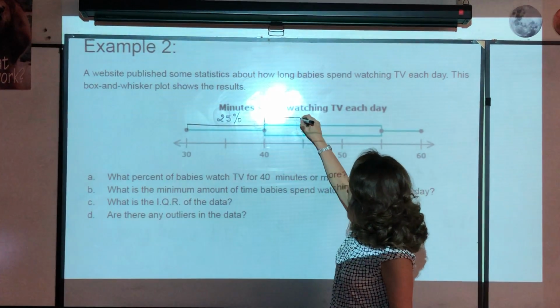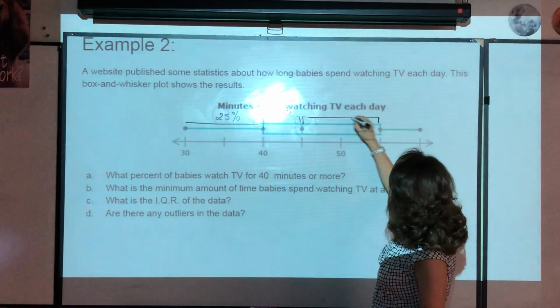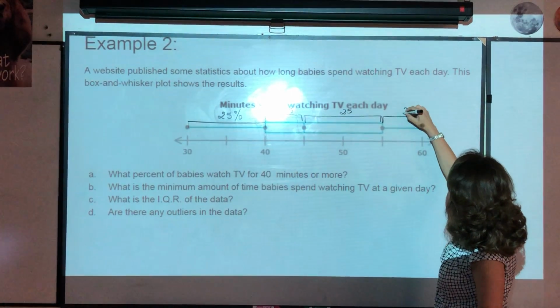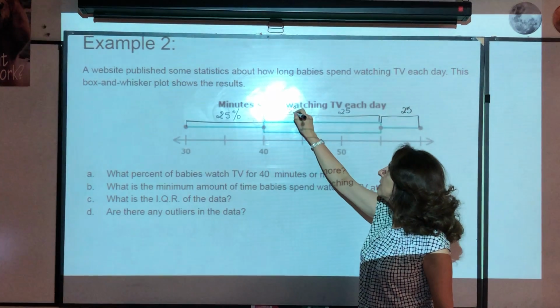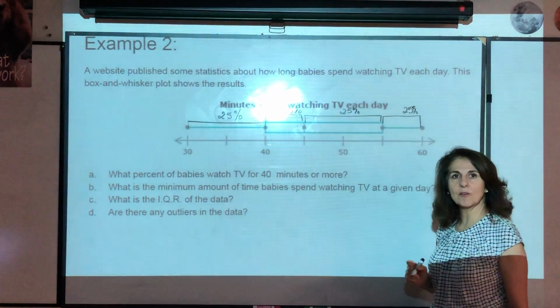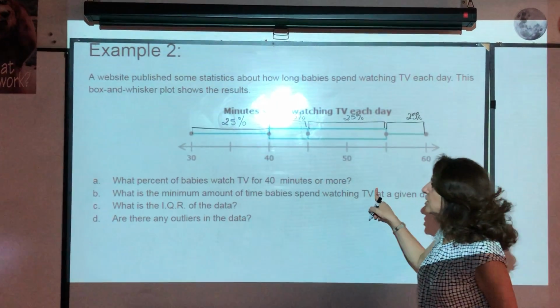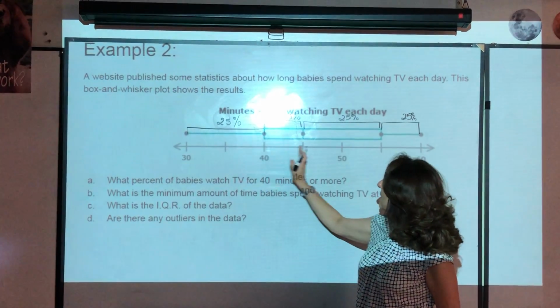So 25 there, 25 here, 25 right here, and 25 more over here. So each one of these represents 25% of my data. So if I want to know what percent of babies are watching TV for 40 minutes or more, I'm right here. So I have what?